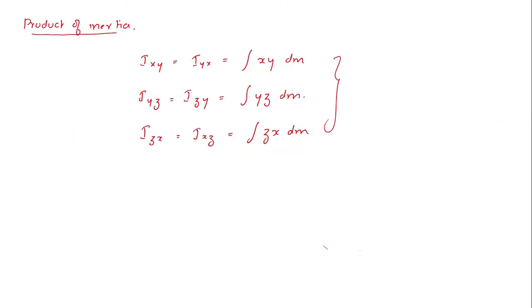Now these corresponding six terms are sometimes expressed in terms of a matrix, which is referred to as the inertial tensor at a point.